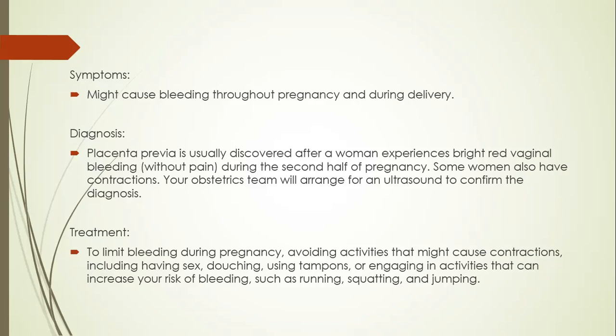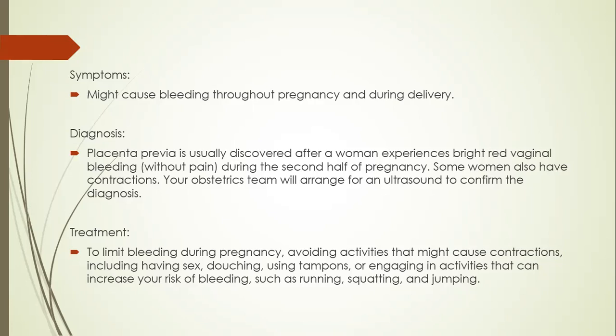Now the treatment: to limit bleeding during the pregnancy, avoid activities that might cause contractions, including having sex. When you are diagnosed with placenta previa, it is better to avoid sex, or you have to modify the positions in such a way that the thrust does not directly affect the womb.